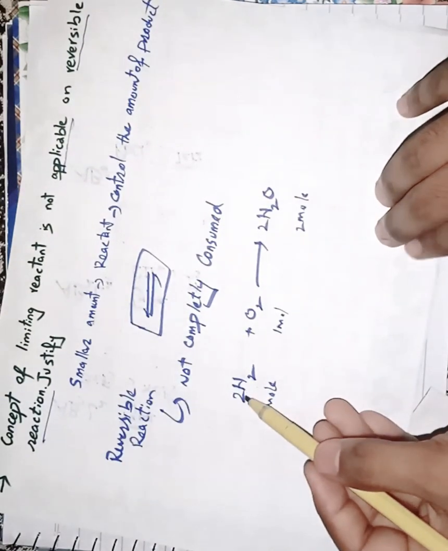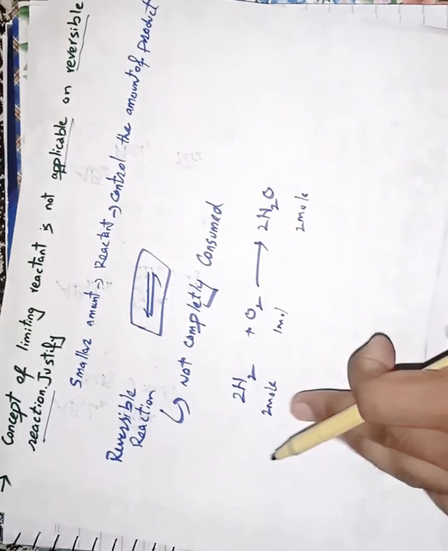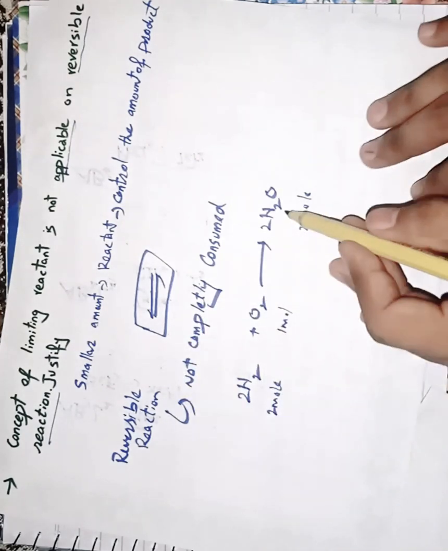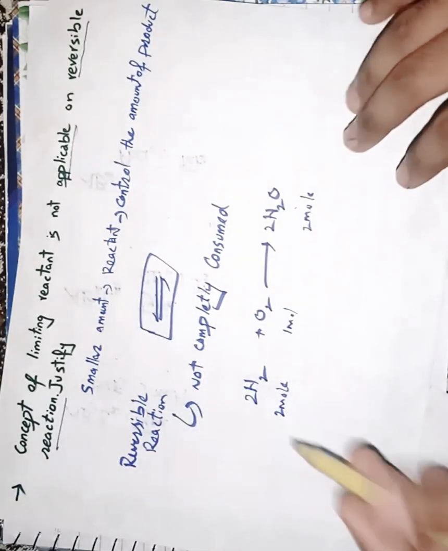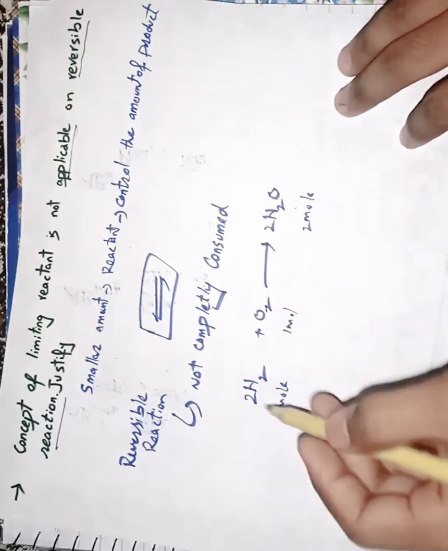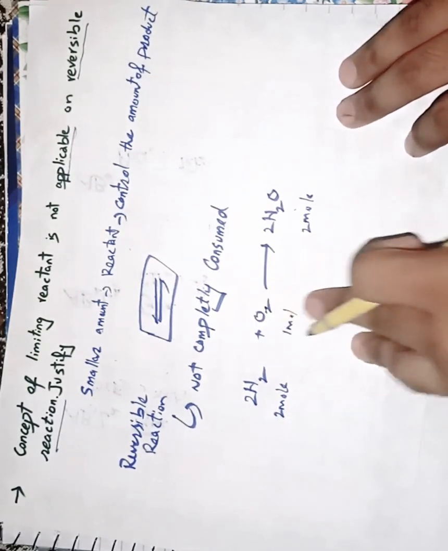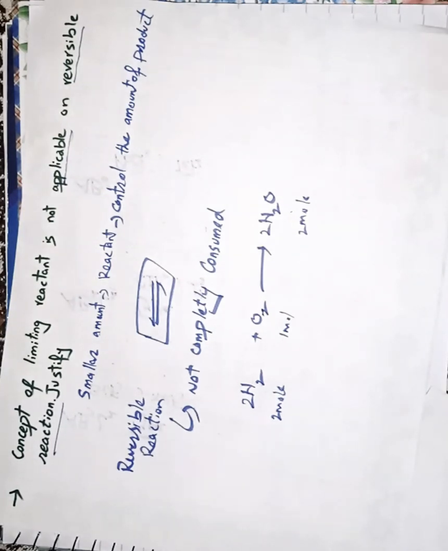In this reaction, hydrogen is consumed earlier and controls the amount of product. If hydrogen is not consumed, then it reacts again with another mole of oxygen and makes another molecule.